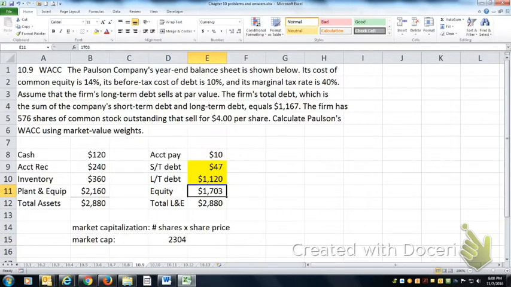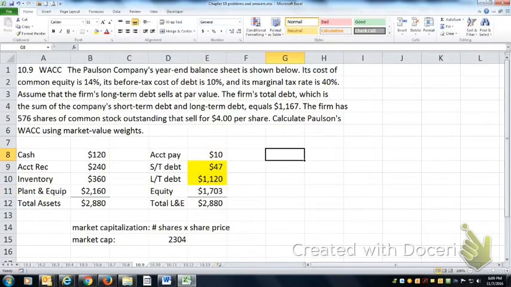And that's just normal. When you look at real companies, you'll see that the market cap is most of the time, 90% of the time for big companies, higher than the book value of the equity.